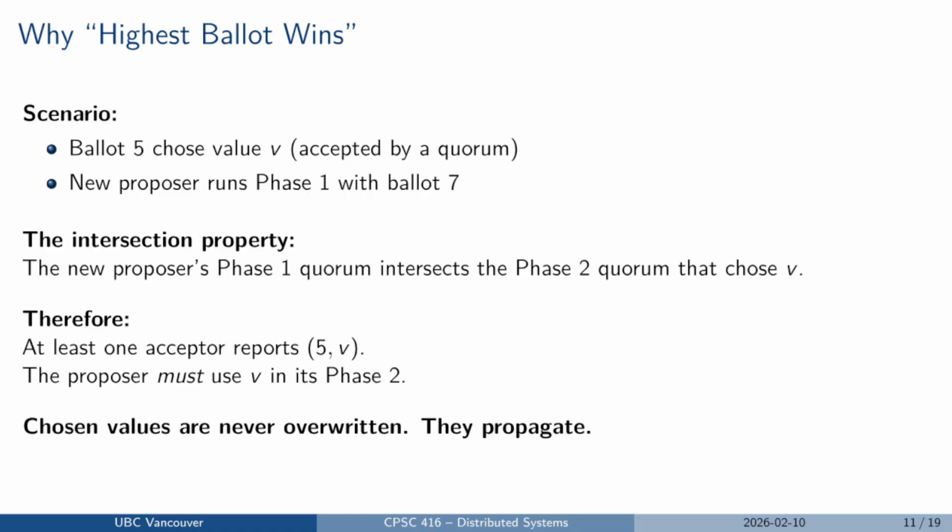I send my messages out, I say, hey, I want to do kebabs, and people come back and say, well, the highest thing I saw was burgers, because burgers snuck in there at the end. He looks and says, well, I have to propose burgers now. So all he can do is propose burgers. So any subsequent proposal, this is what's cool about it, will in fact always have the value of our witness, the one value that is common to every quorum. At least one value that's common to every quorum.